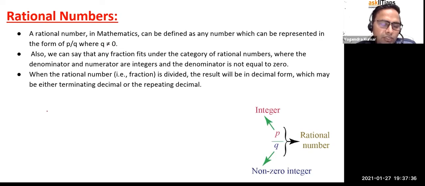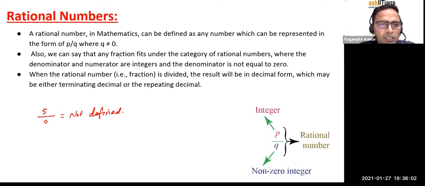The denominator of any number should not be 0, otherwise it is not defined. We cannot divide a number by 0. It's impossible to divide a number by 0, so that's why we say it is not defined. If you say 5 by 0, it is not defined.